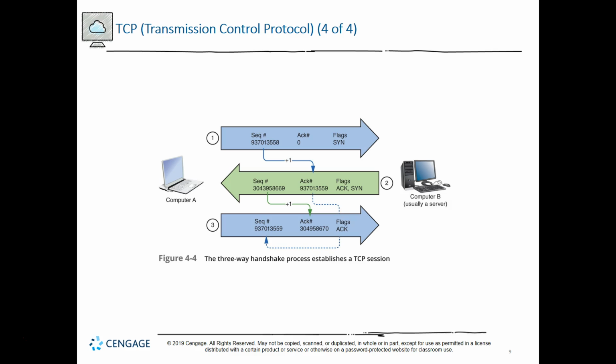If we don't get an acknowledgement, I'm going to send that data again, and again, until I get an acknowledgement or I time out. It's called connection orientated. I'm making sure that packet gets there to the best of my ability.